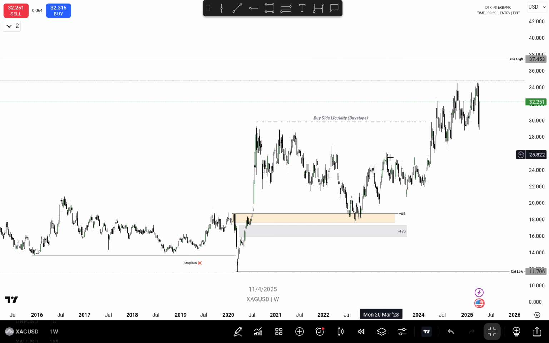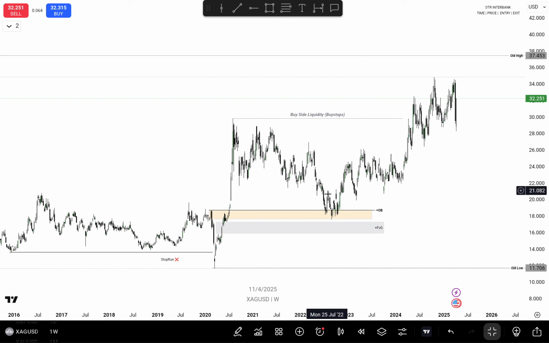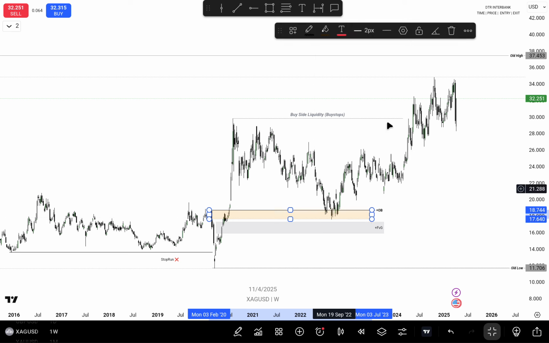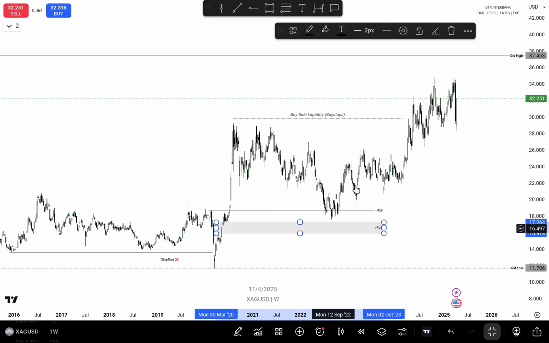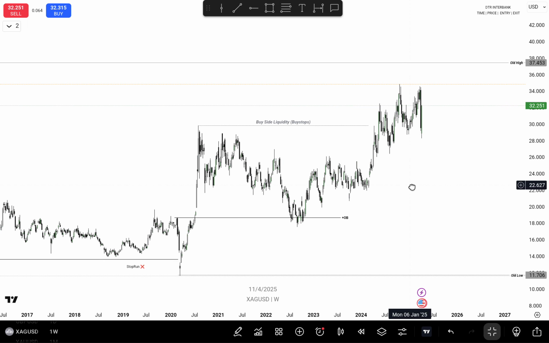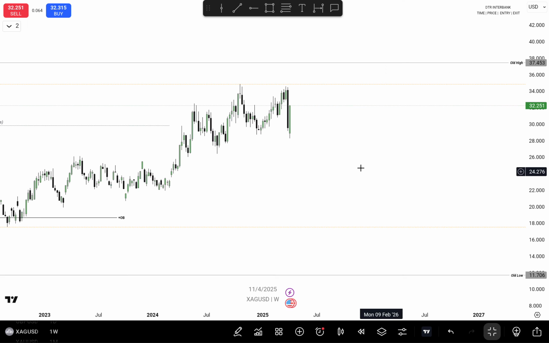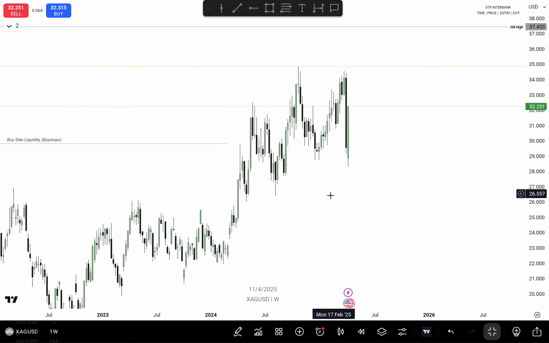This is all old data that we don't need, so I can just take this out, take this out. Okay, so let's focus on the current price action.